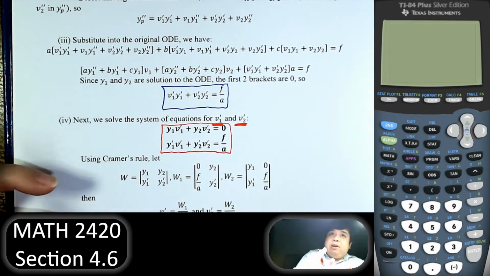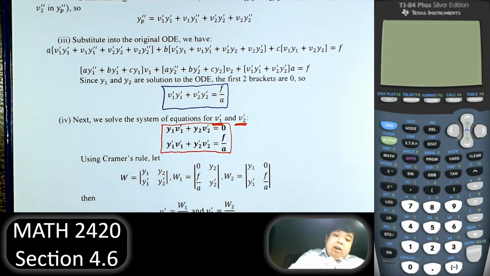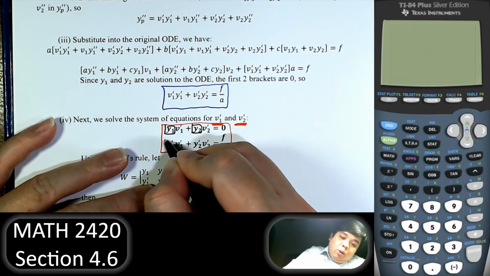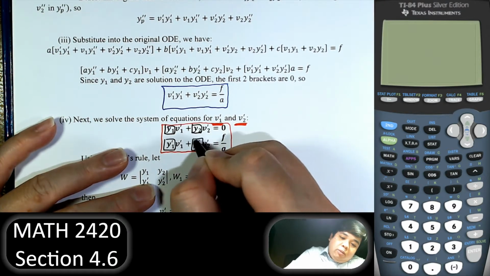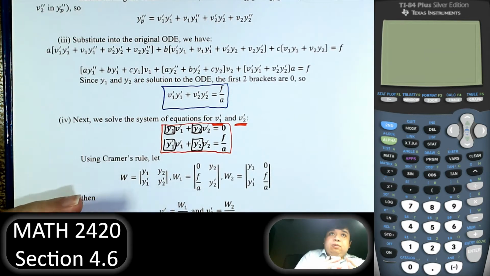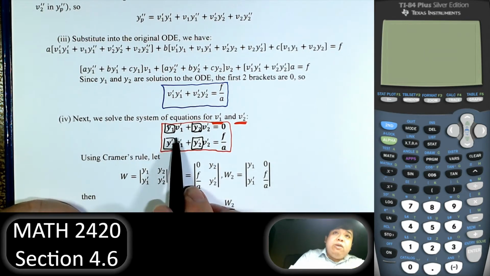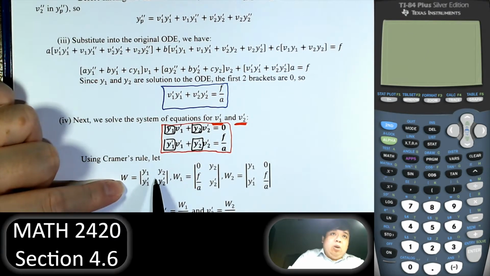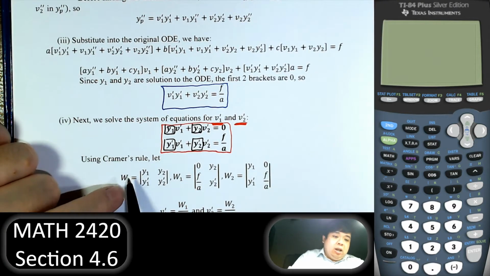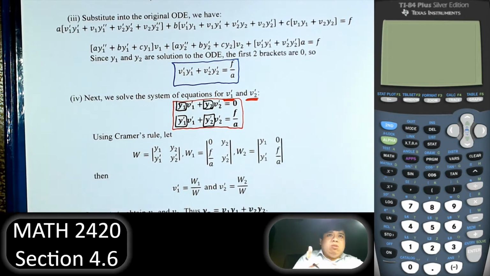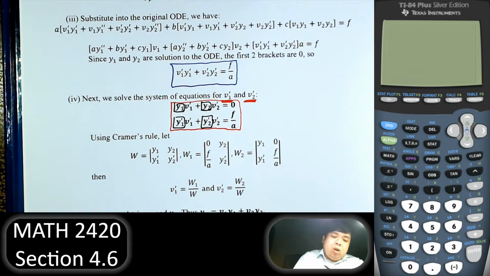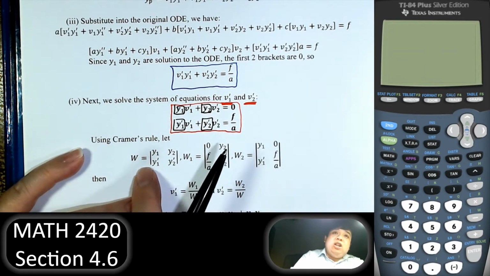Y1, y2, y1 prime, y2 prime are the coefficients. If you put all of those coefficients together, we have a 2 by 2 determinant. I use W because that is also the Wronskian of y1 and y2. Of course, we said the Wronskian should not be equal to 0 because of linear independence.